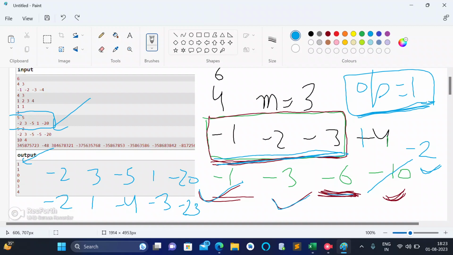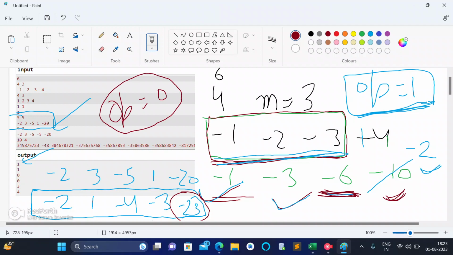We can see that the fifth prefix sum, -23, is the smallest among all the values. So this is suitable, and we don't require any operations.